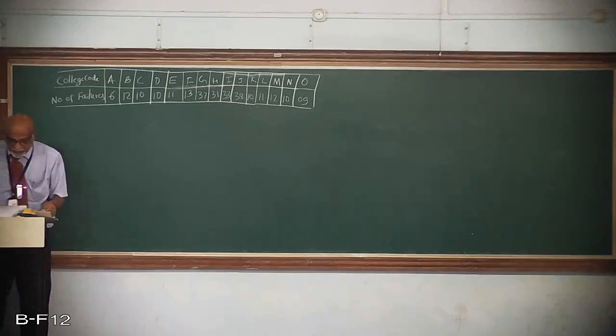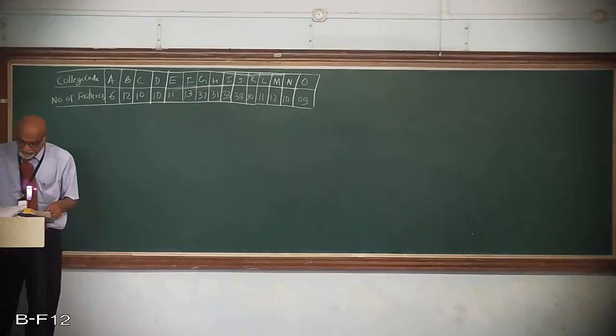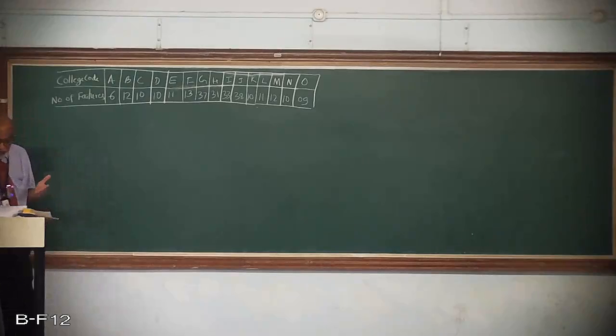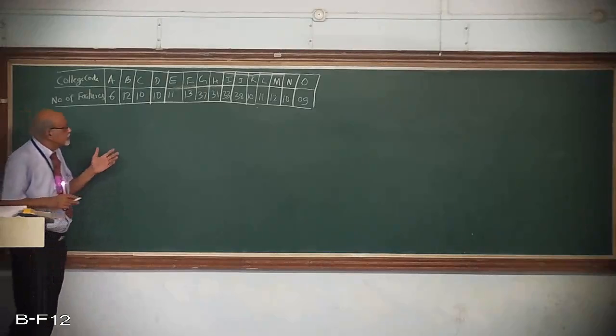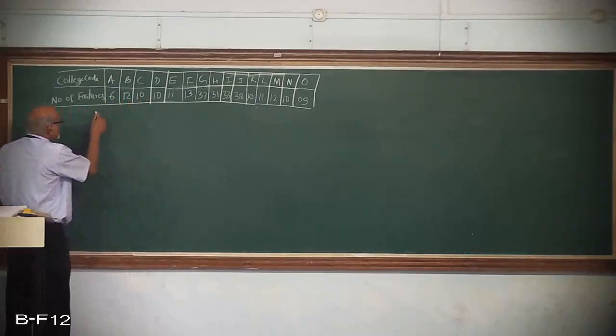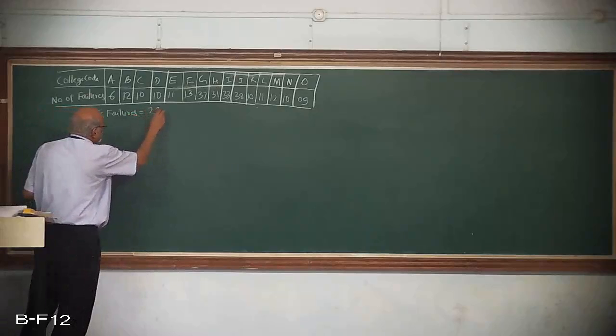If you add up 6 this time plus 12 plus 10, that means sigma failures works out to be 253.